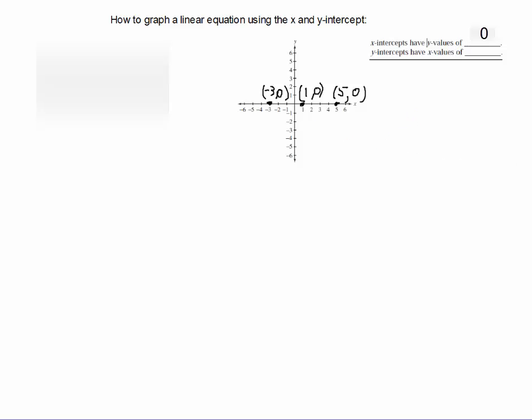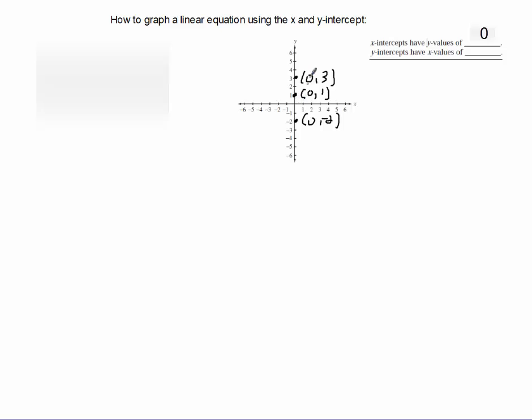Now, on the other side, if you're talking about y-intercepts, if I have a point on the y-axis, say here, the coordinates would be 0, 1. And a point here would be 0, 3, and so on. Even down here, 0, negative 2. Now notice that instead of the y's being 0, if you're on the y-axis, your x has to be 0.